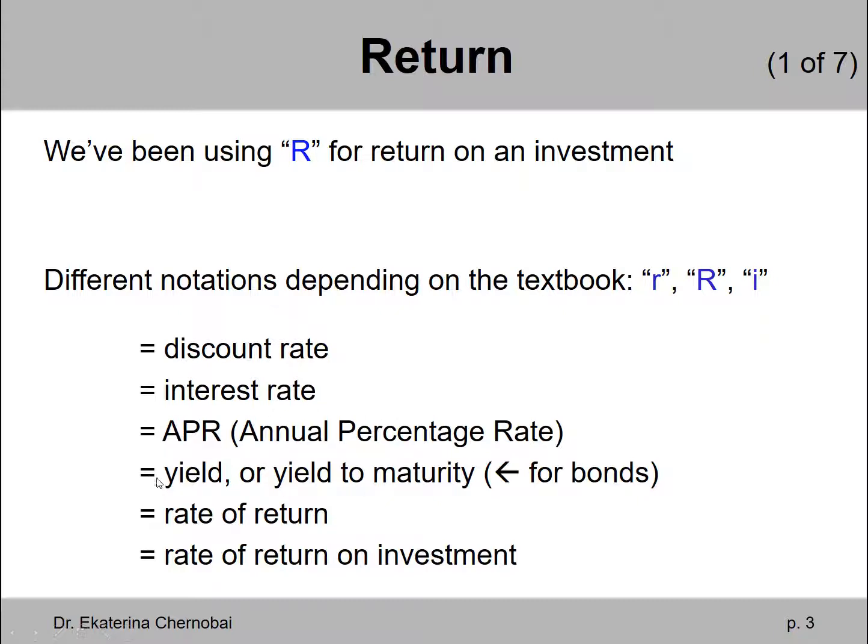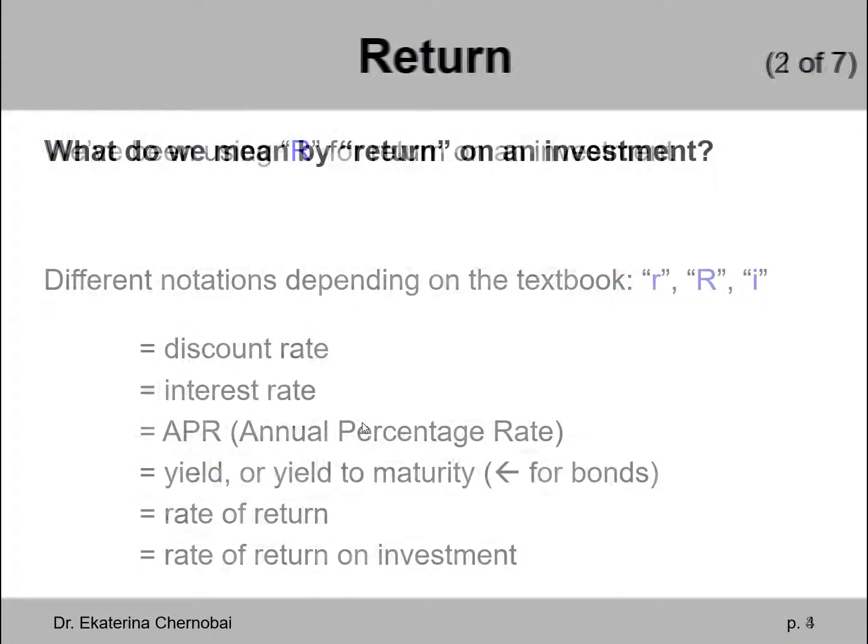Then yield or yield to maturity. This is used for bonds. And we had this term in chapter 7. Rate of return on an investment. So all of these are used kind of interchangeably, and they all indicate the return on some investment.